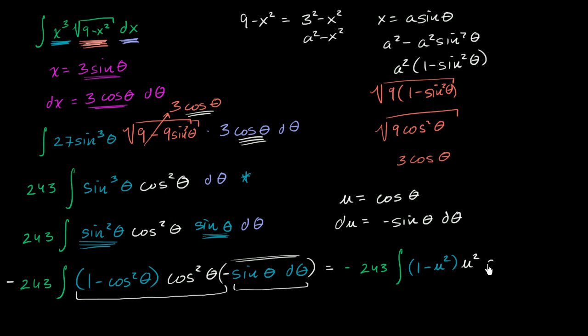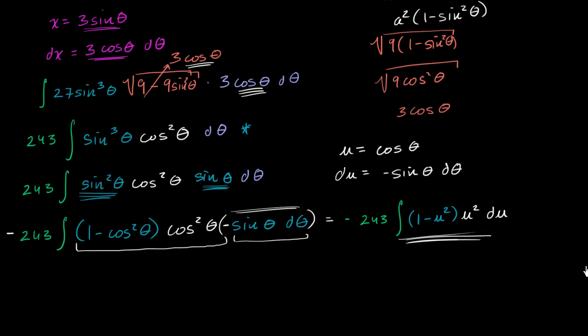Now this is pretty straightforward. We can just multiply our u out, so this is all equal to negative 243 times the indefinite integral of u squared minus u to the fourth. I'm just distributing the u squared du.